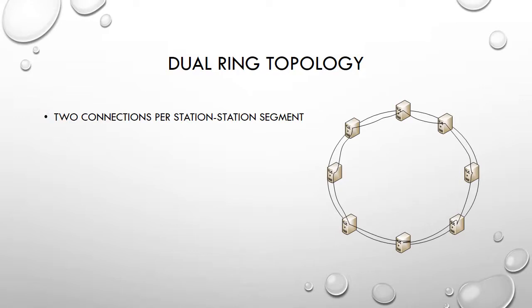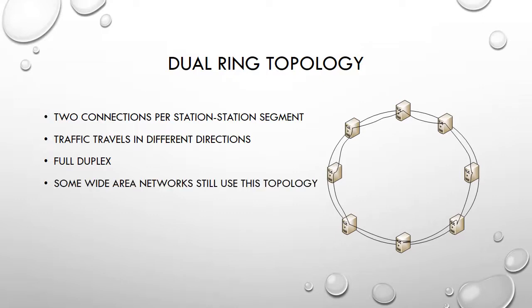One of those connections is for sending traffic and one is for receiving. This means that traffic on the two rings travels in opposite directions. Now, because each station can send and receive at the same time, this makes it a full duplex network. And you might be surprised to know that some WANs, some wide area networks, still use this topology.